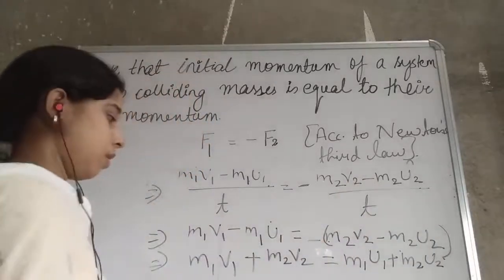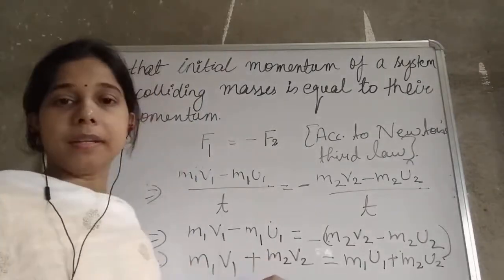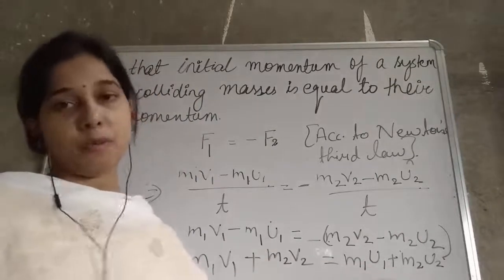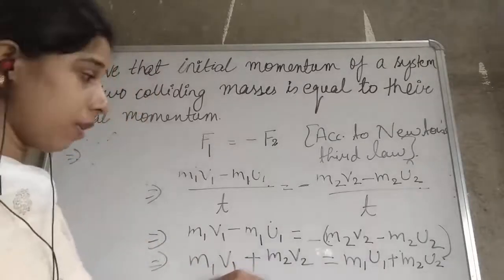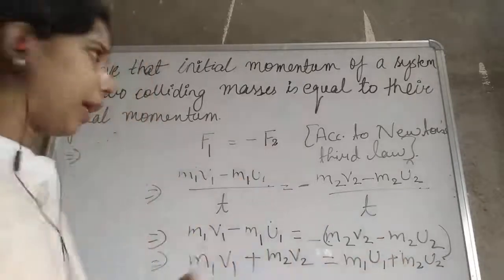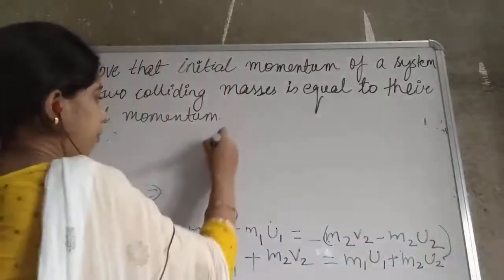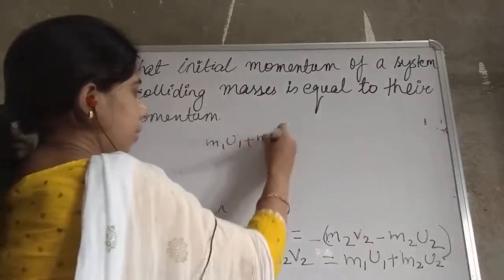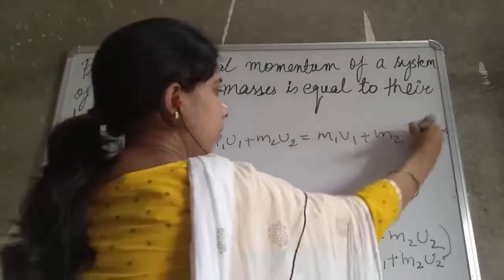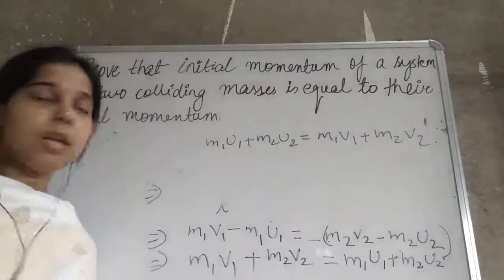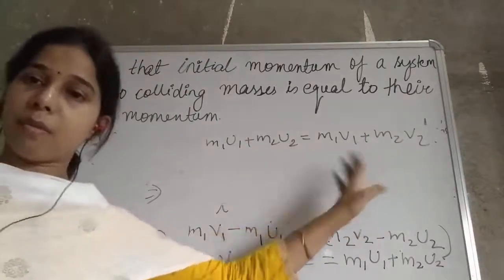Okay students? So the initial momentum of the bodies is equal to the final momentum. m1 v1 plus m2 v2 is the final momentum, and m1 u1 plus m2 u2 is the initial momentum. So the initial momentum equals the final momentum of the bodies.